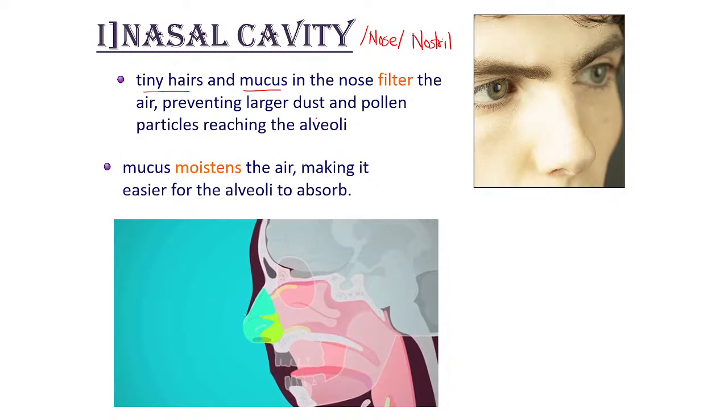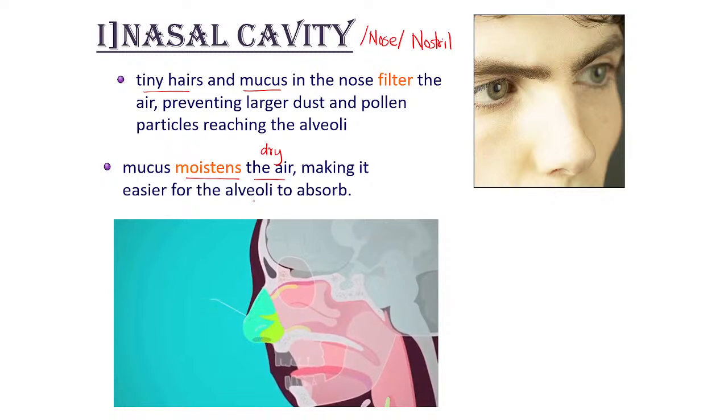Then this mucus also helps in moistening the air. What do you mean by moistening the air? Air that we inhale is very dry air. Moisten means that the mucus, since it is a liquid kind of substance, helps in making the air moist or watery, which will be very helpful for easy absorption into the alveoli.